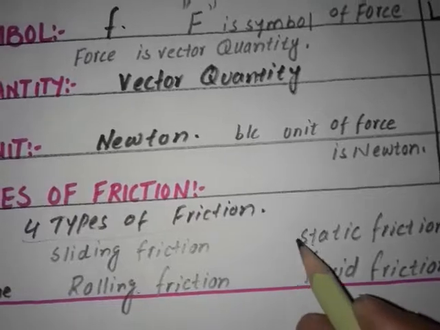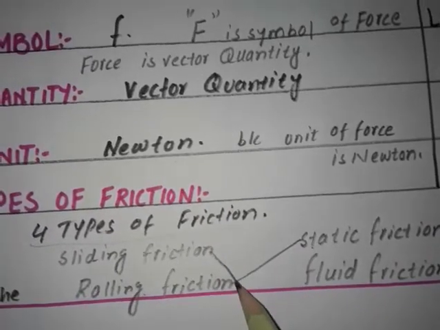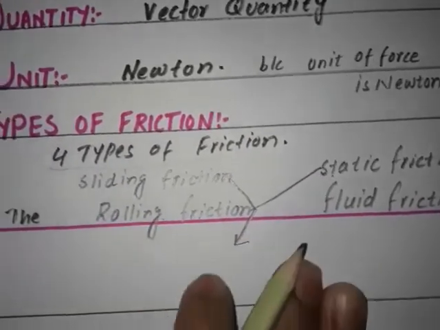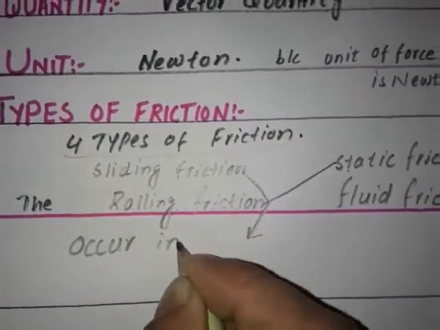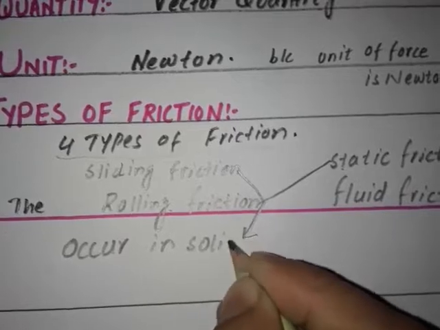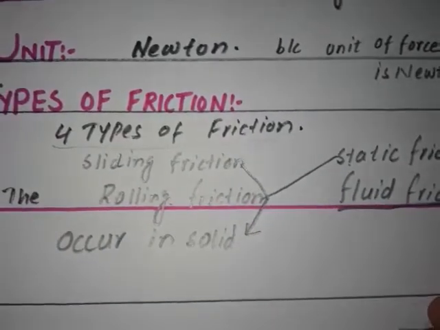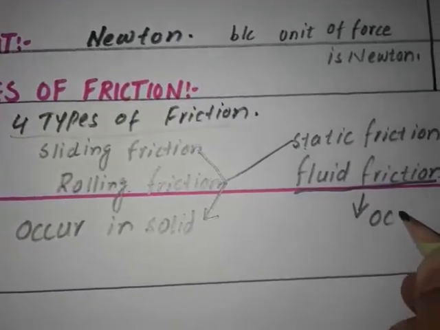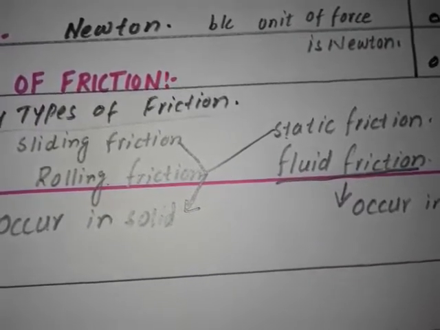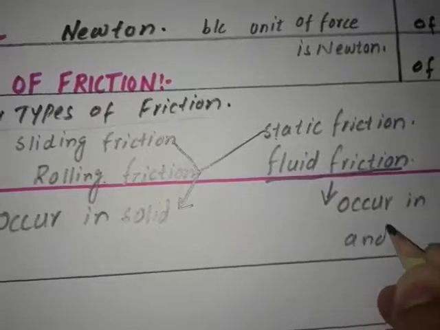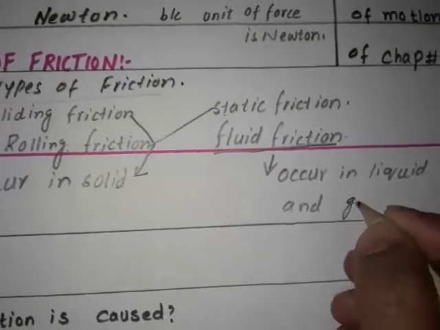Sliding, rolling and static friction, all these frictions occur in solids. Fluid friction occurs in liquids and gases.